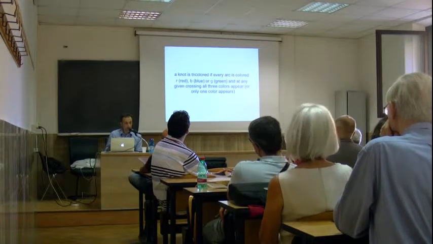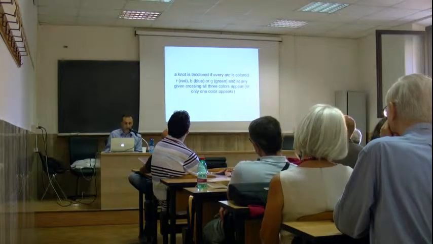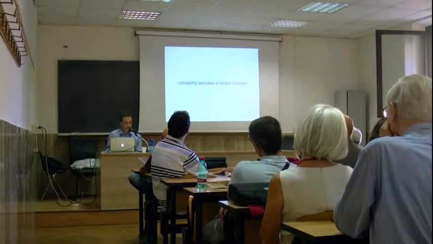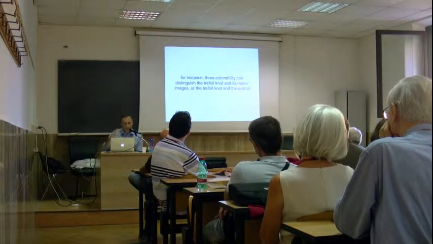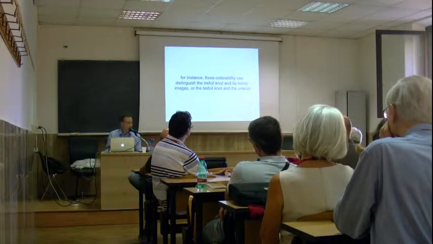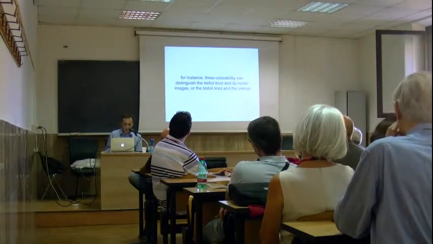So the interesting feature of this is that colorability provides a simple invariant. For instance, 3-colorability can distinguish knots like the trefoil knot and its mirror image. Sorry, there's a typo. And the trefoil knot and the unknot.